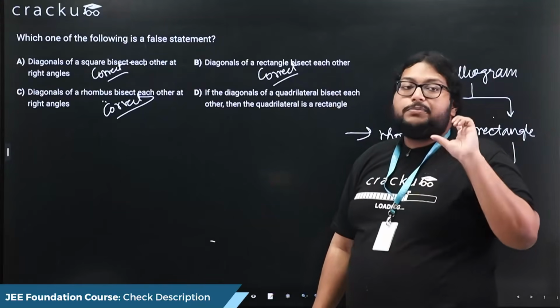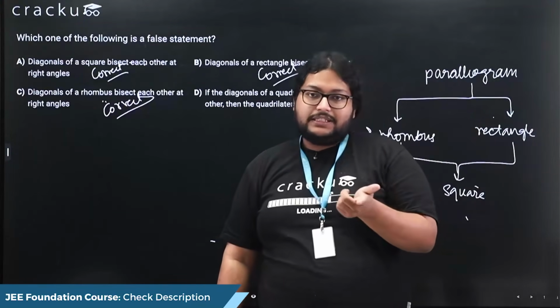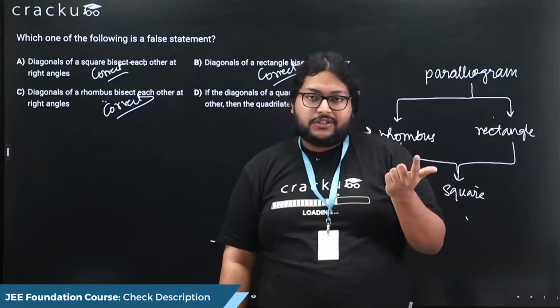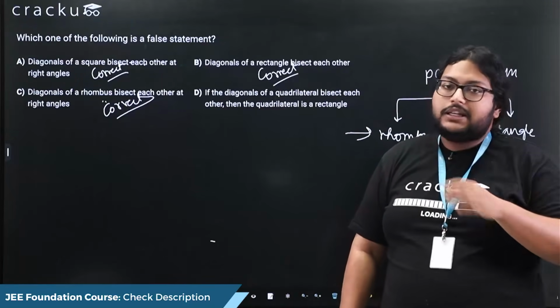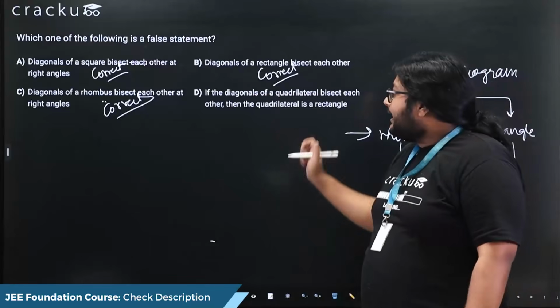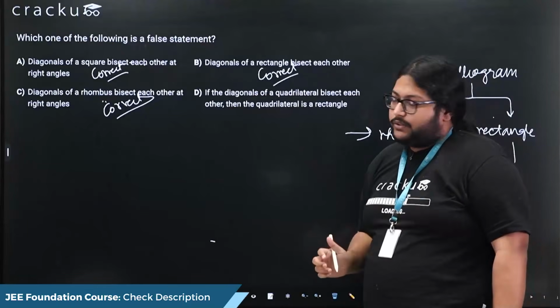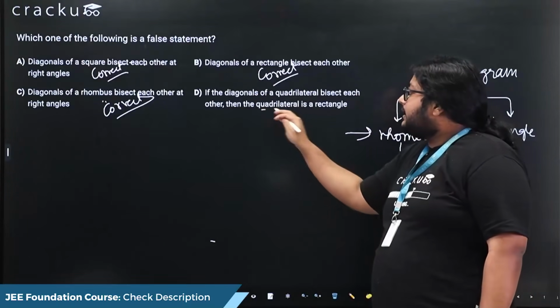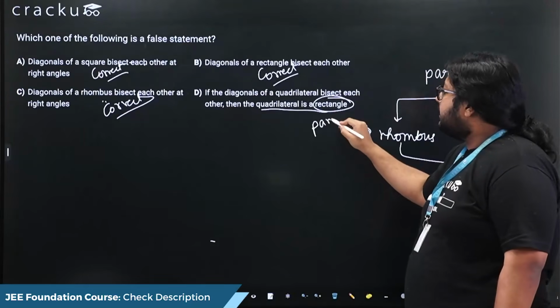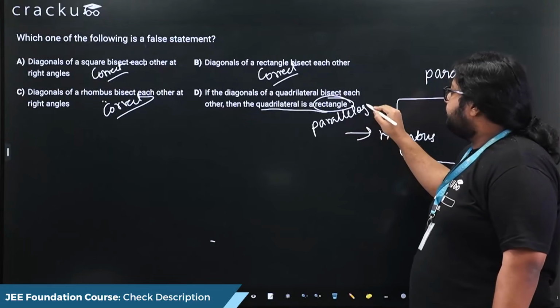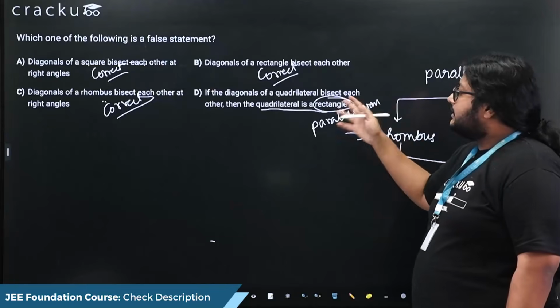Why? Because the property of a parallelogram is that the diagonals bisect each other. It can be any parallelogram, it will still hold. A rectangle is a special kind of a parallelogram. So the quadrilateral we can't say is a rectangle, we can say that the quadrilateral will be a parallelogram. This is specifying more.